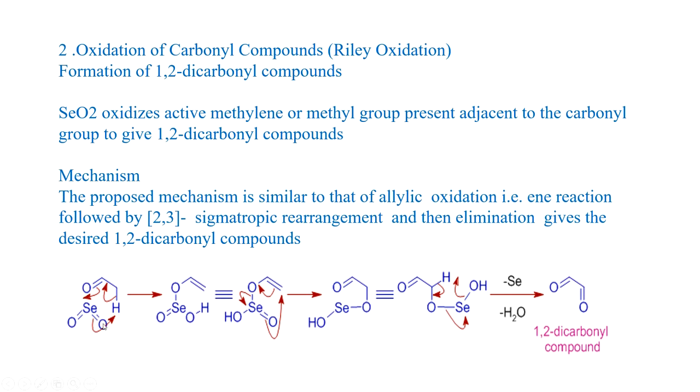During this ene type cycloaddition reaction, an allylic selenic acid derivative is formed. And this allylic selenic acid undergoes a 2,3 sigmatropic rearrangement as in the previous case to form an unstable product, and this unstable product undergoes decomposition to form a 1,2-dicarbonyl compound. That is the mechanism.